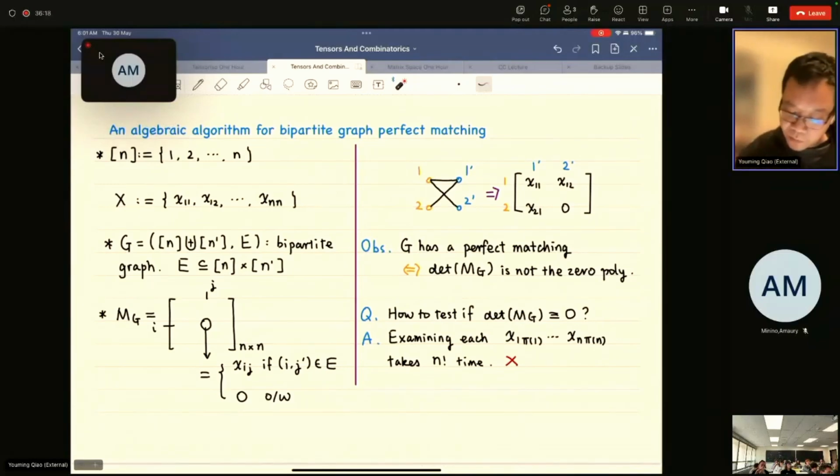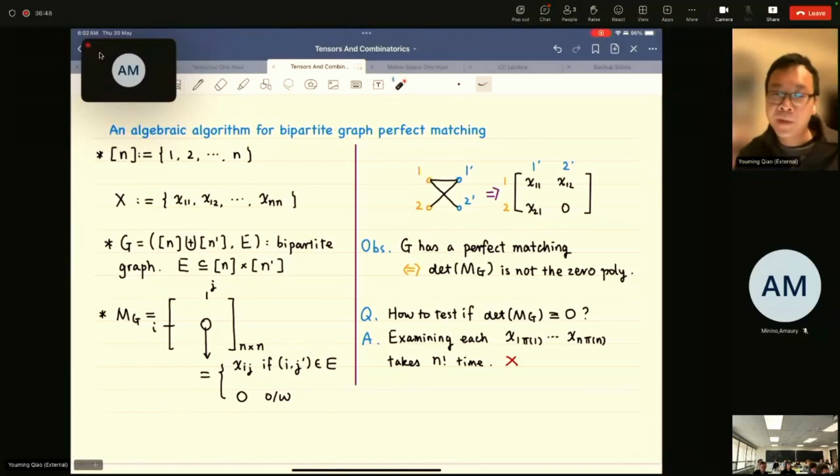So, once we are given this connection between perfect matchings and the determinant, testing whether a graph has a perfect matching translates to testing whether the determinant of MG, which is a polynomial in the variables xij, is the zero polynomial or not. So now the question is how to test if the determinant of MG is identically zero as a polynomial.